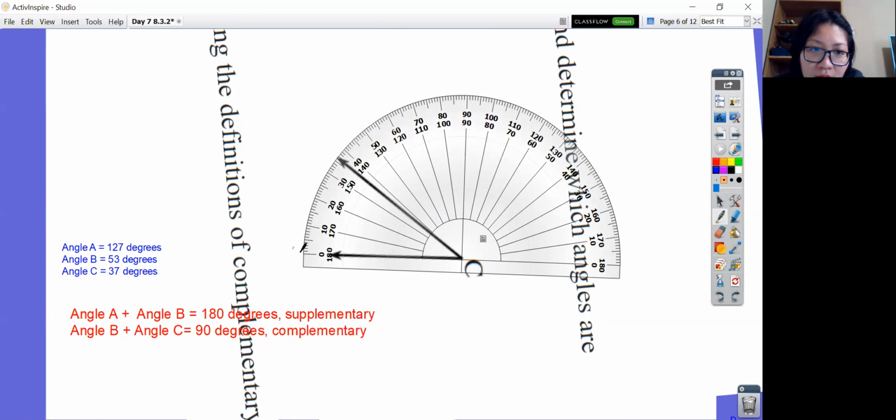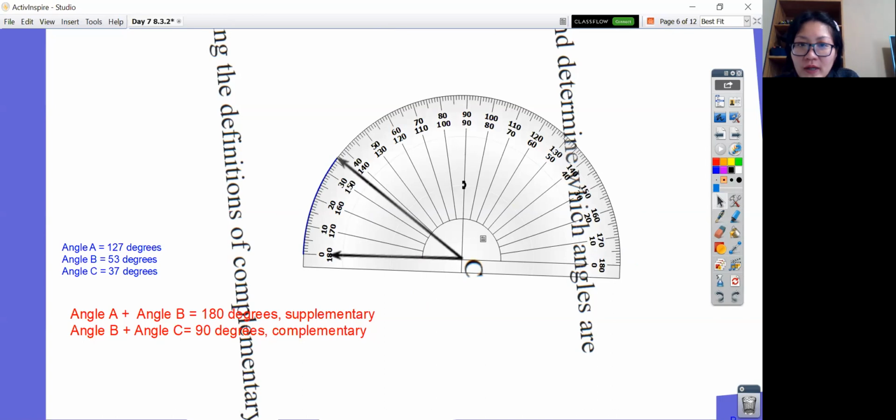Let's see. 10, 20, 30, past 35, 36, 37. So angle C is 37 degrees. From here to here, 37 degrees. Yes? All right.